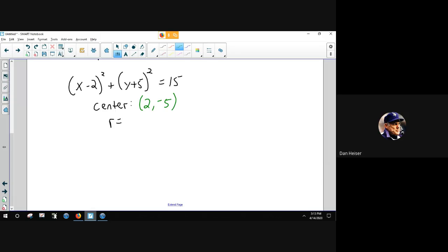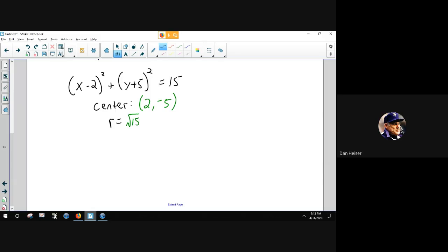Our center is 2, negative 5. Our radius, since 15 is not a perfect square, is the square root of 15. And if this breaks down, yes, we need to break it down. Square root of 15 does not reduce any further, so this particular one is finished.